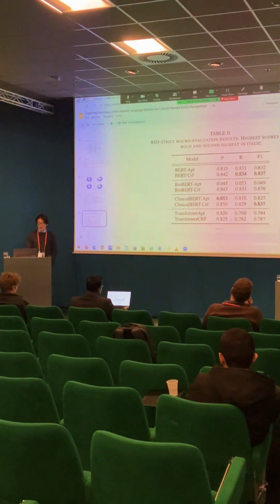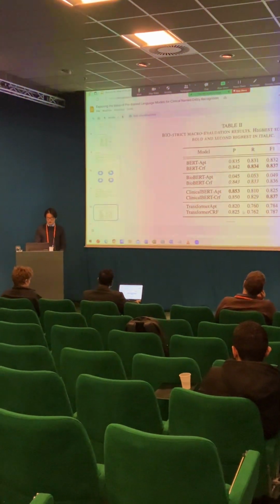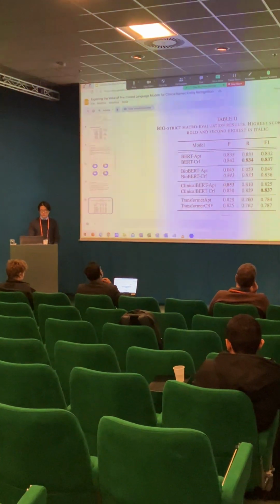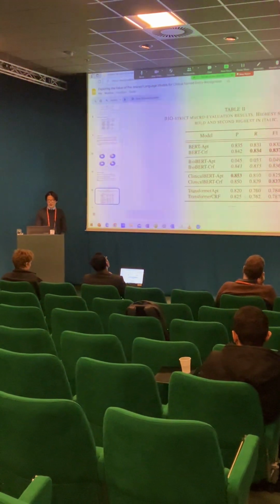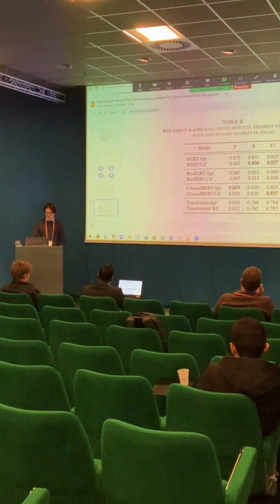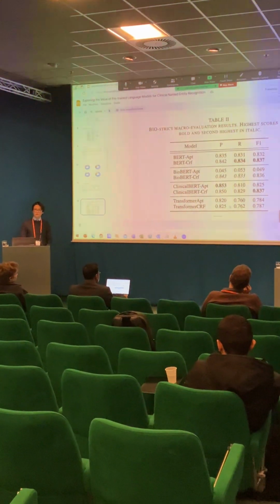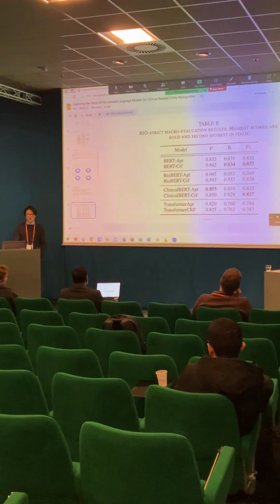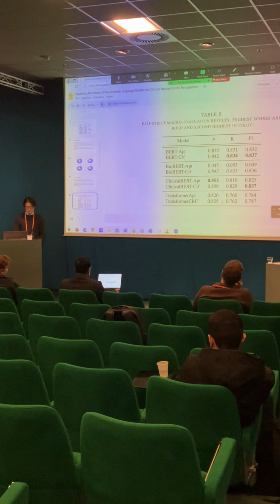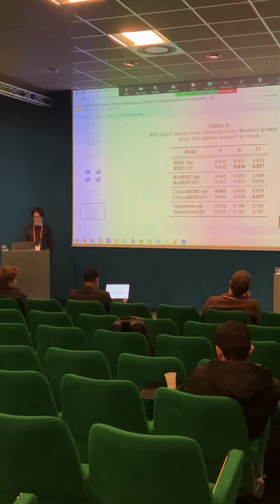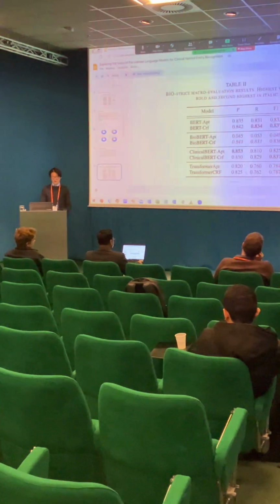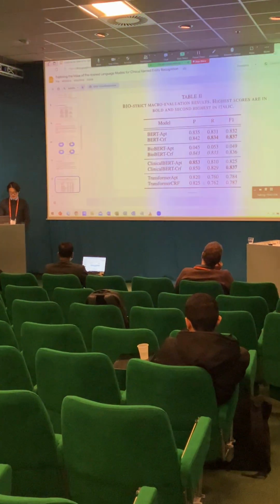Here you can see using macro evaluation, we compare BERT, BioBERT, clinical BERT, transformers from scratch, and their CF layers. In this macro evaluation, when we give the same weight to the non-special labels and the context words, the F1 score of transformer CF learned from scratch is 0.78, and the best score from the pre-trained language model, fine-tuned, is 0.83.